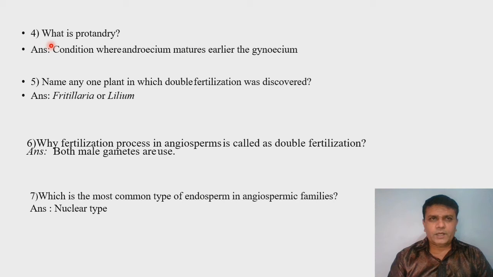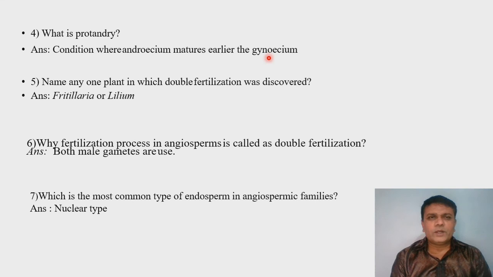Then the next question is, what is protoandry? Now in some plants, to carry cross pollination, the flowers show the maturity of androecium and gynoecium at different times. So the condition where androecium matures earlier than the gynoecium is called as protoandry. Now protoandry means protos means first.